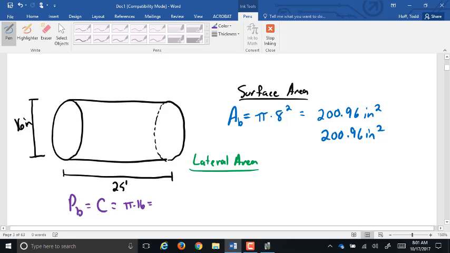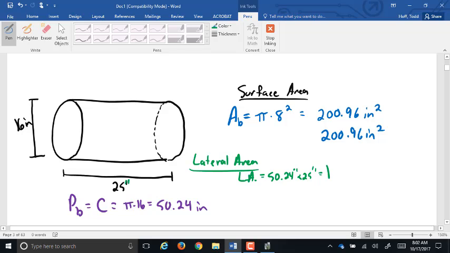Pi times 16, which is 50.24. That's inches. So then the lateral area is the 50.24 times 25, which is what? Oh yeah, 25 feet, not inches.